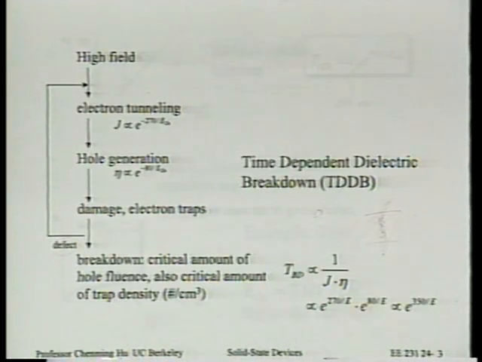So you may ask the question, what is the breakdown voltage? Experimentally, it's very difficult to do that experiment, because in order to break down oxide with such a short pulse, you have to apply a large voltage. If you apply a large voltage, a very large current will flow through it during this test.